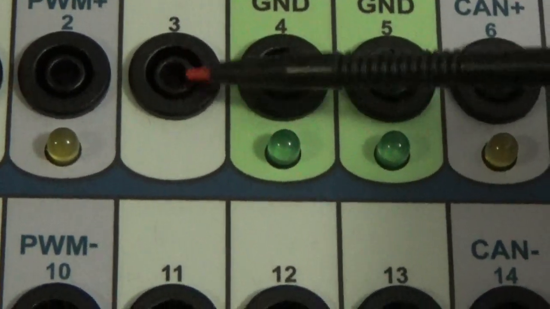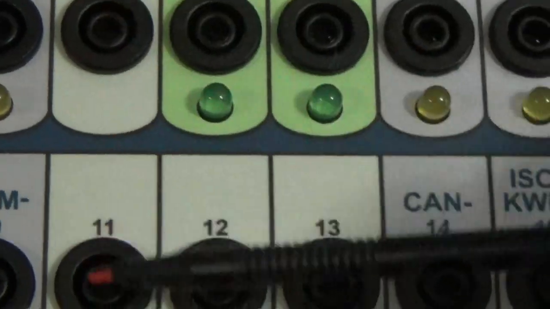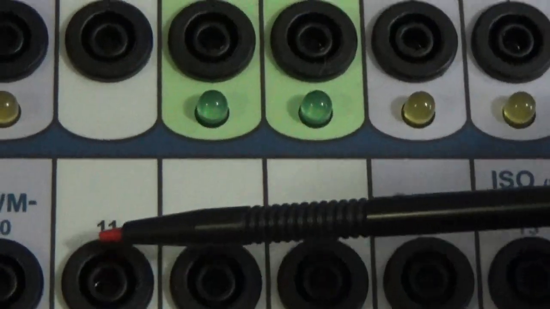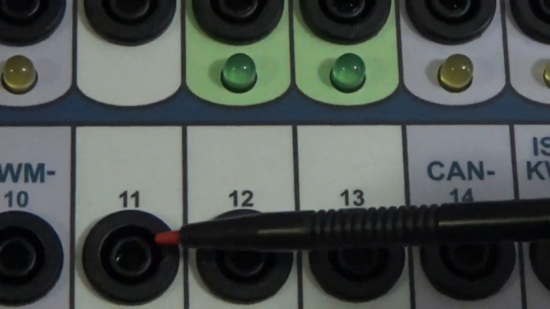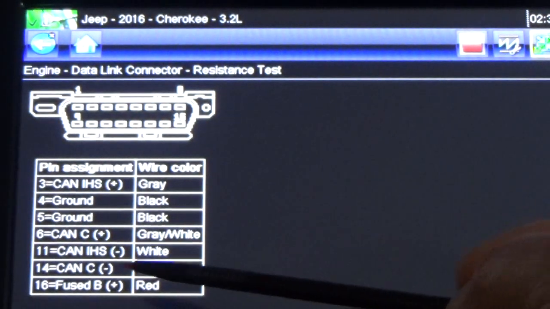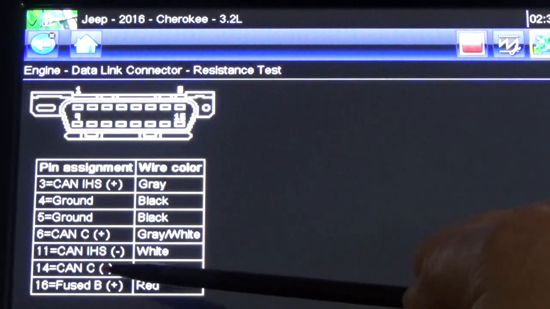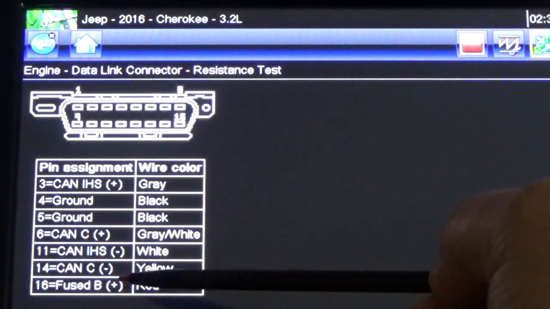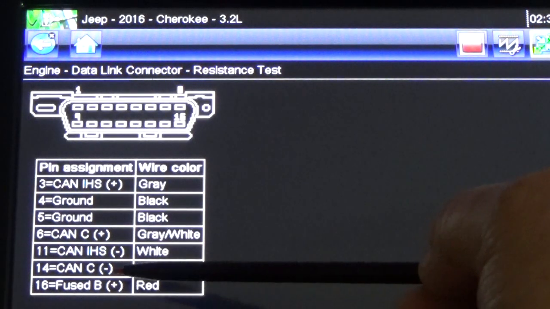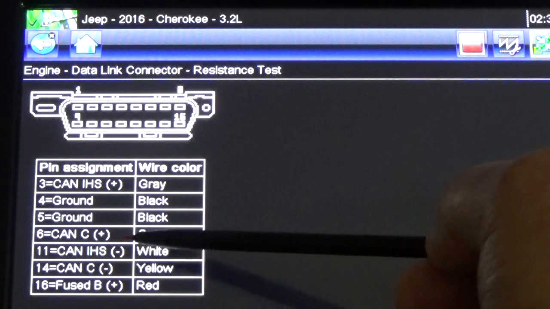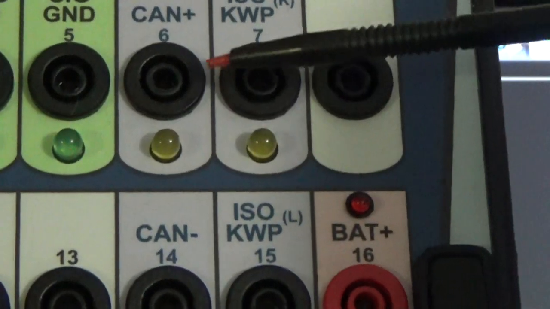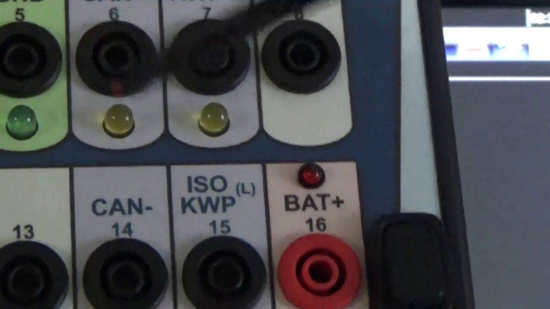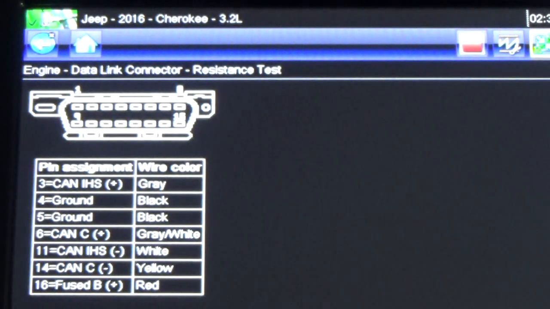It will be 3 and 11. That will be your CAN high speed. 3 and 11. Before, when I said these two guys, that is not correct. It's 3 and 11. And 14 and 6. That's the terminals you've got to use to measure the resistance.